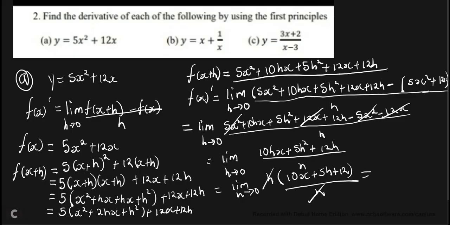Then after that, now we can substitute, since h is approaching 0, you can substitute the h. So this is 10x plus 5h plus 4. Now let's substitute. We have 10x plus 5 times 0 plus 4.